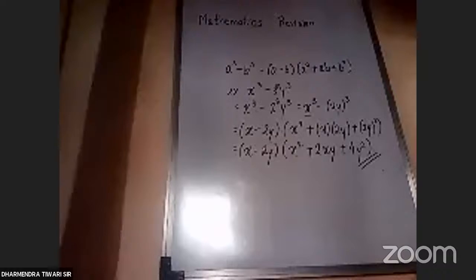This is your answer for the given problem x cube minus 8y cube. What you have actually done is just factorized the given expression in such a way that it is separated into two factors. Further simplification is not possible.